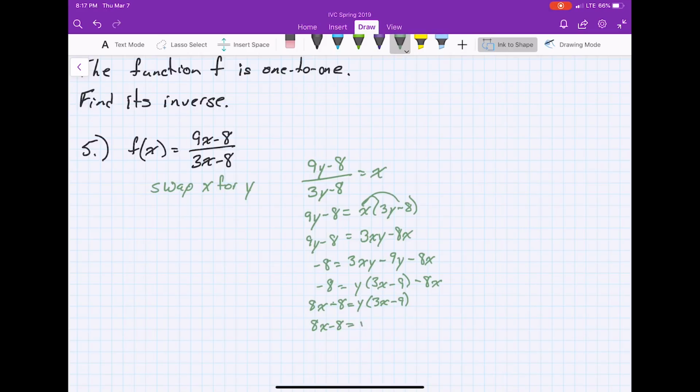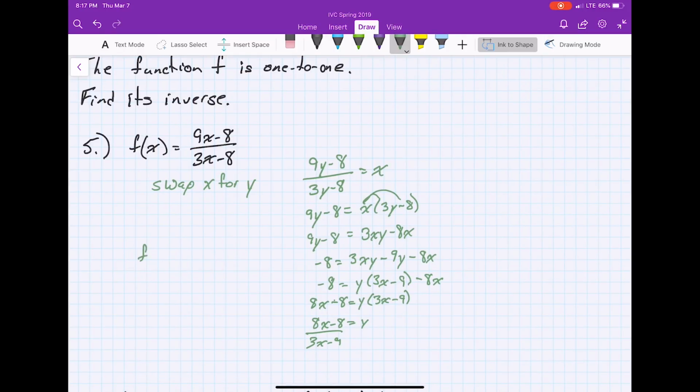So we have (8x - 8) over (3x - 9) equals y. So there you go. There is our function inverse: f inverse of x equals (8x - 8) over (3x - 9).